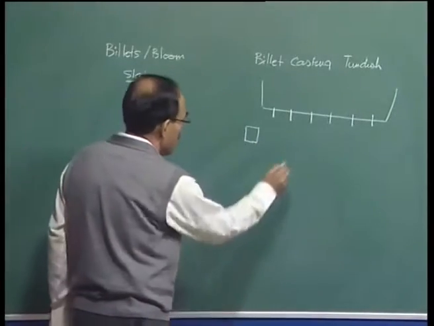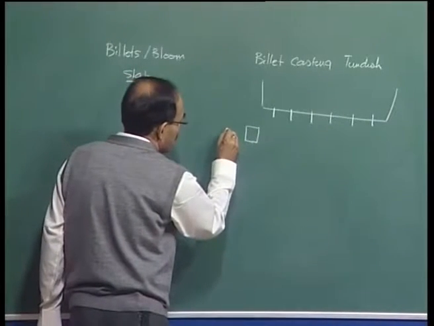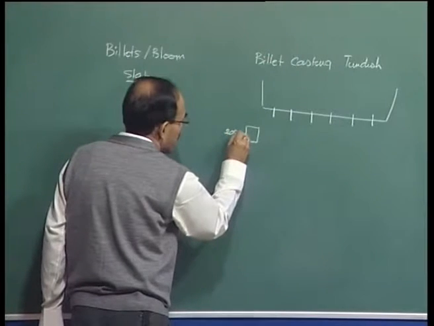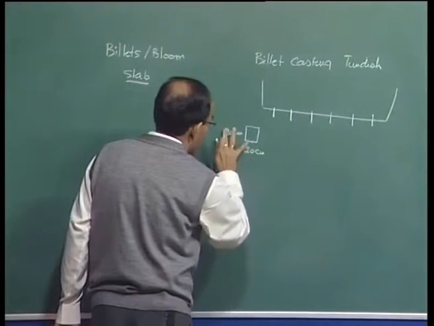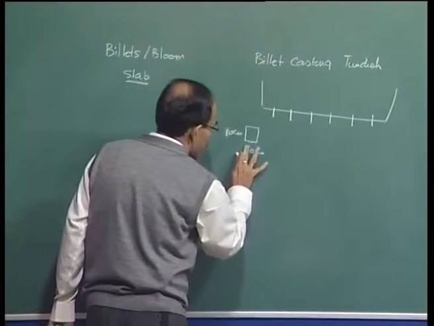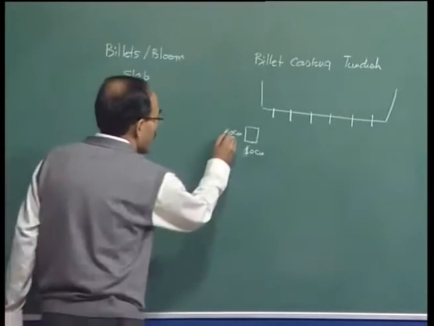If you convert it, you can say 20 centimeter by 20 centimeter. Maybe I will say 10 centimeter is a better size, 10 by 10 centimeter. That is the cross sectional area of a billet.